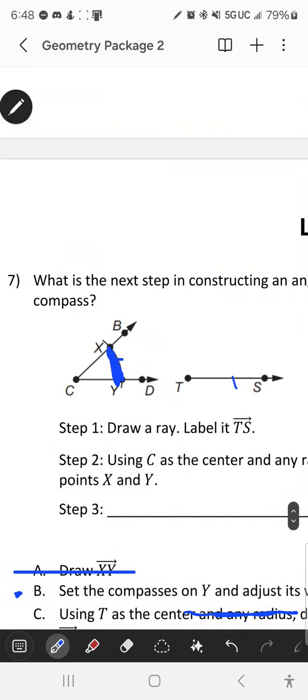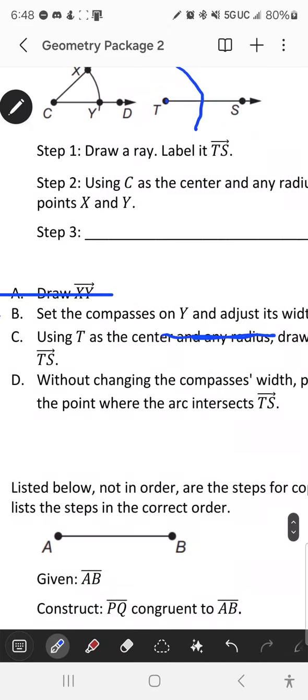Because if we are using any radius, then the final angle will be something like this. We need to keep the same radius without changing the compass. We place the compass on T, put it here. So this is definitely not what we're looking for.